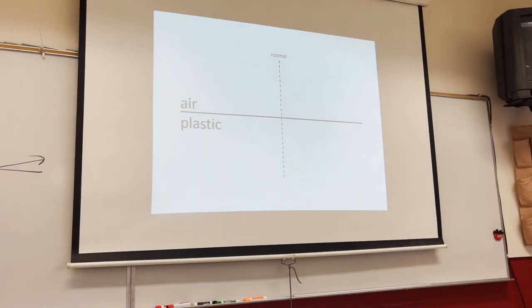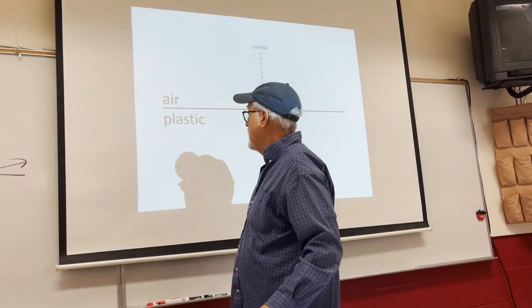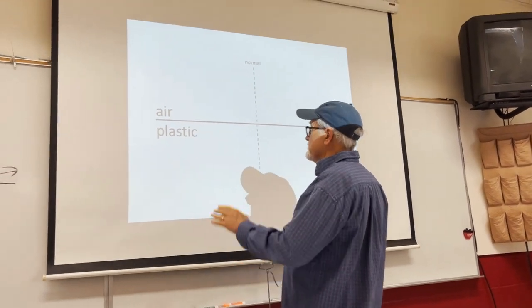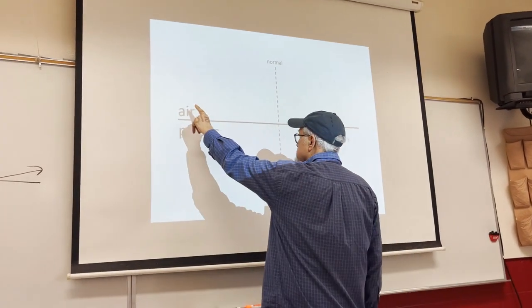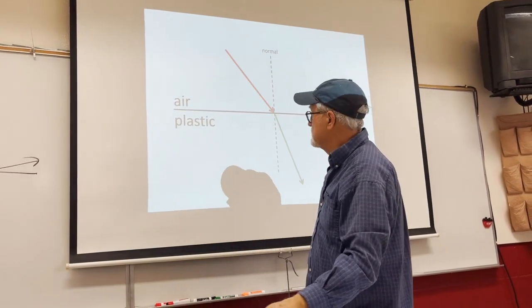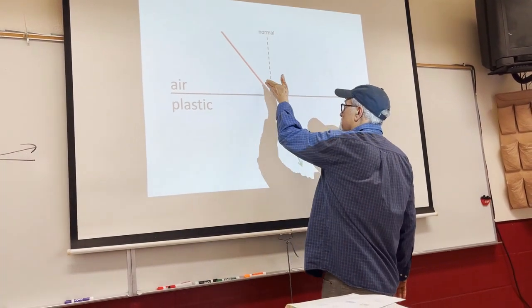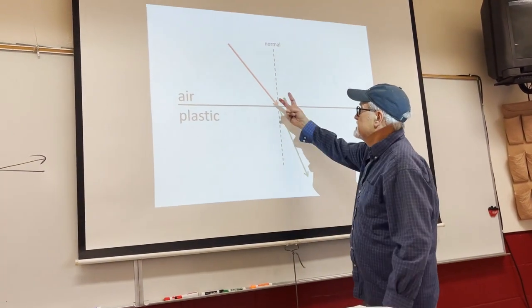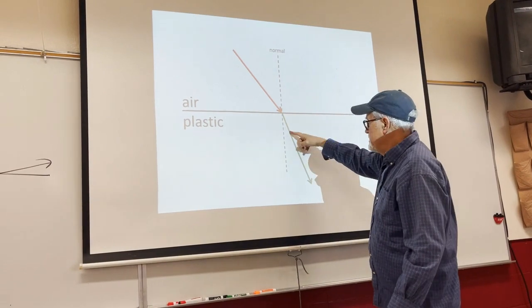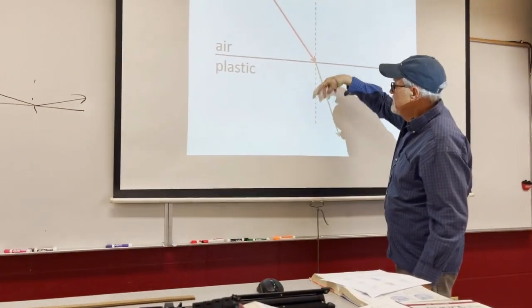All right, so we're going to be making ray model diagrams. And here's what you start with. You have a surface, you'd say it's air on one side, plastic on the other, and then you use a protractor to make your normal. And so here we've got an incident ray that comes in at a particular angle, and here you have the refracted ray that now is at a smaller angle.